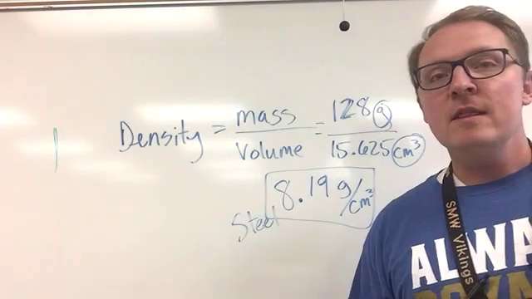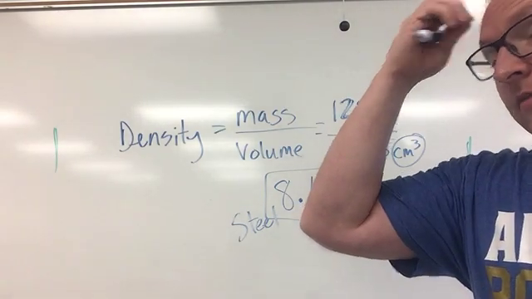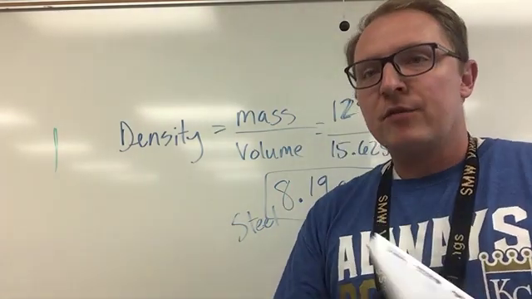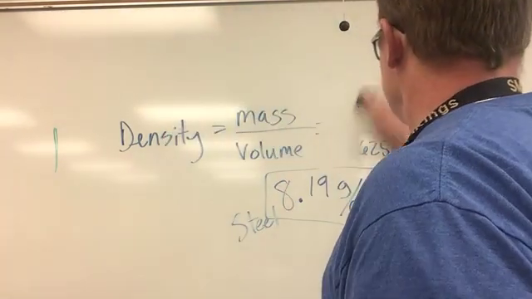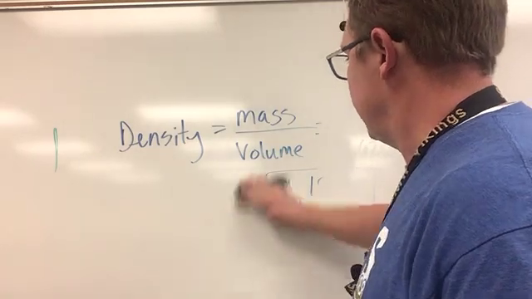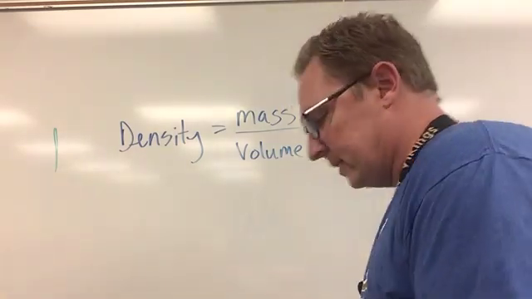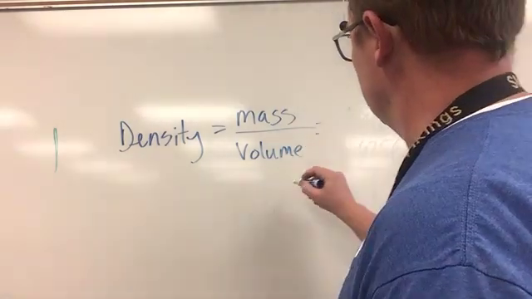Okay? Now in the video, in the lab, the next 3 items, we knew what they were. We told you what they were, and we used the same equation to figure out their density. For example, the next item we did was aluminum.